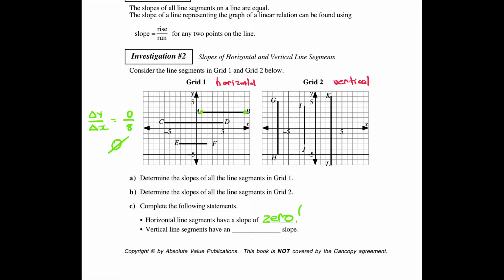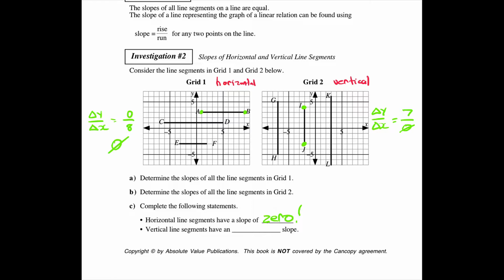And what about vertical lines? Well, we'll just take a look at line segment IJ here. Again, looking at the principle of change in y over change in x, indicating its slope. And what is the change in y here? It looks like 7. And the change in x, it's not moving left or right at all, so that is going to be 0.